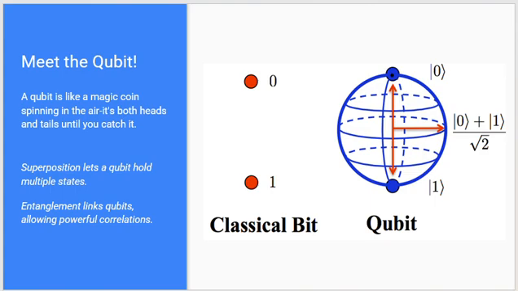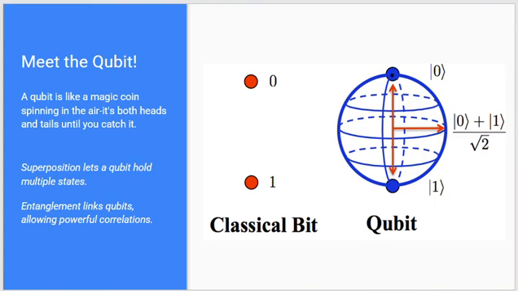Regular computers use things called logic gates, which are like little puzzles that flip the switches from on to off or off to on. On the other hand, quantum computers use quantum gates. These gates don't just flip the switch, they can spin it, mix it, or connect it to other qubits in all sorts of ways.